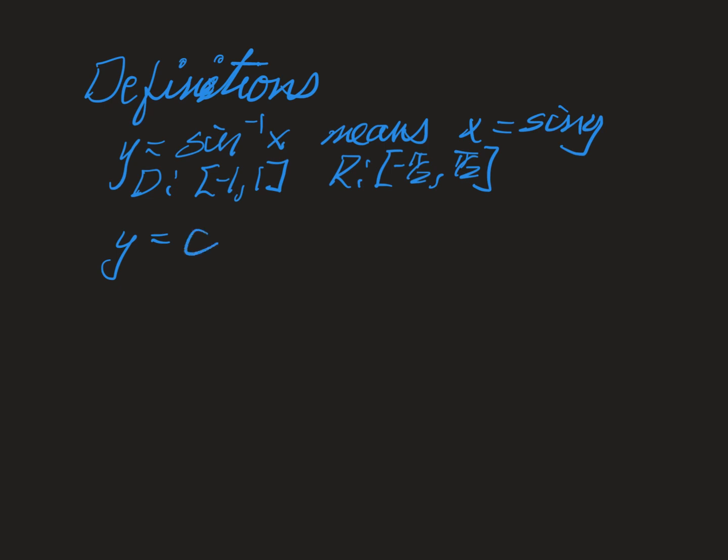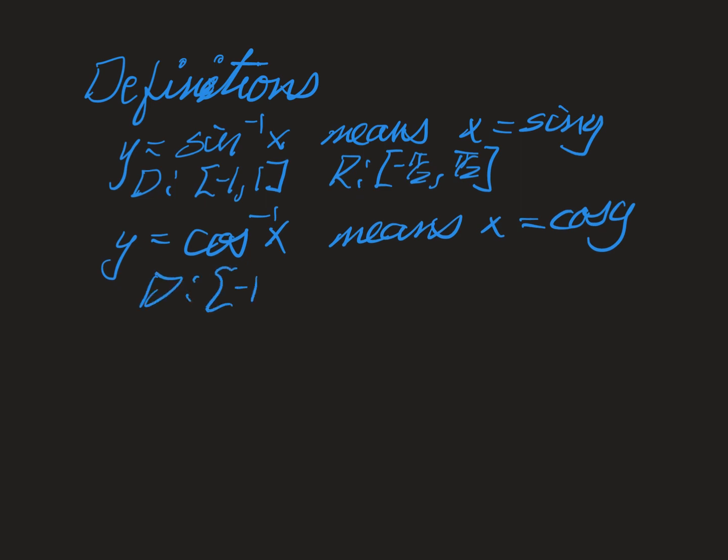So y equals the inverse cosine of x means x equals cosine y, with a domain from -1 to 1 and a range from 0 to pi.